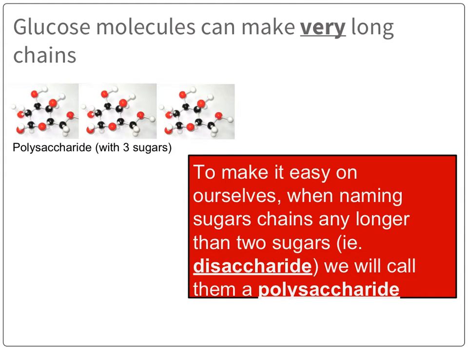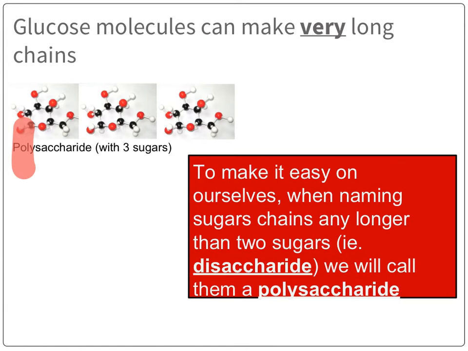So, when we're building these polysaccharides, once again, poly meant many, when you go beyond 2 sugars, you actually start calling these things a generic term. You call them a polysaccharide. So you won't have to say trisaccharide or anything like that. Once you get beyond 2 sugars in length, it's called a polysaccharide.